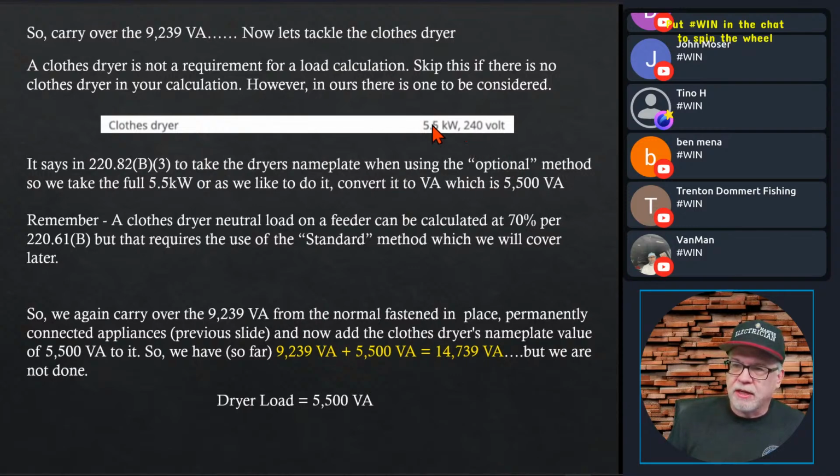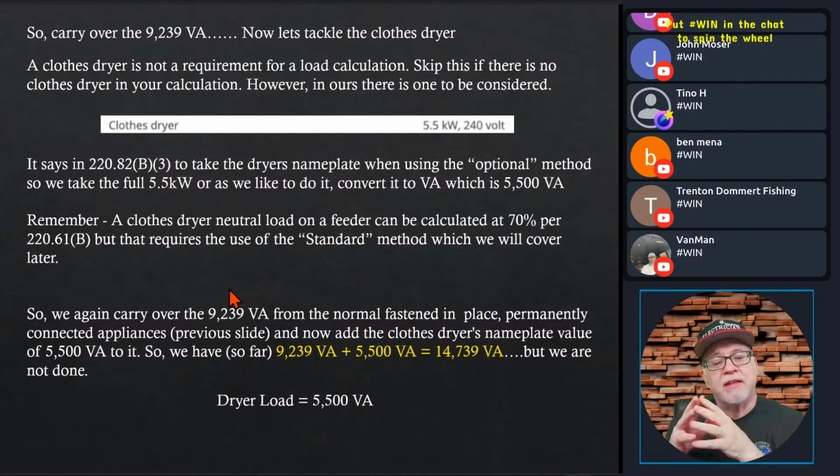So we look at this, and of course, this is 5,500 VA. This is 5.5 kVA, 5.5 kW, or it could be 5,500 watts. Y'all know I like VA because that's how we do the math. But again, all synonymous. Okay. Now, one thing I will remind you: remember that conversation we had about neutral?